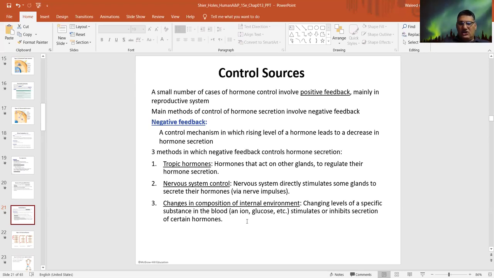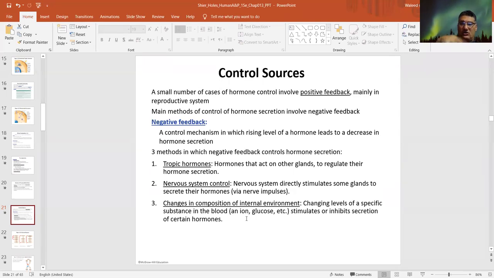The third one is change in the composition. This is a regulation by itself. This is not the same way that I just mentioned. It's not the product, which is a negative feedback. There is another way, which is called a change in composition. Let's give an example here of insulin. Insulin is secreted from the pancreas and goes to the blood to decrease glucose level.